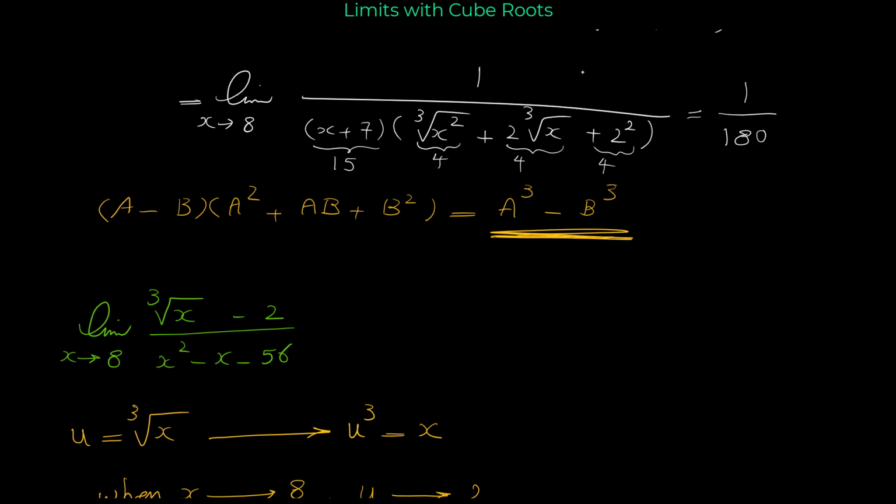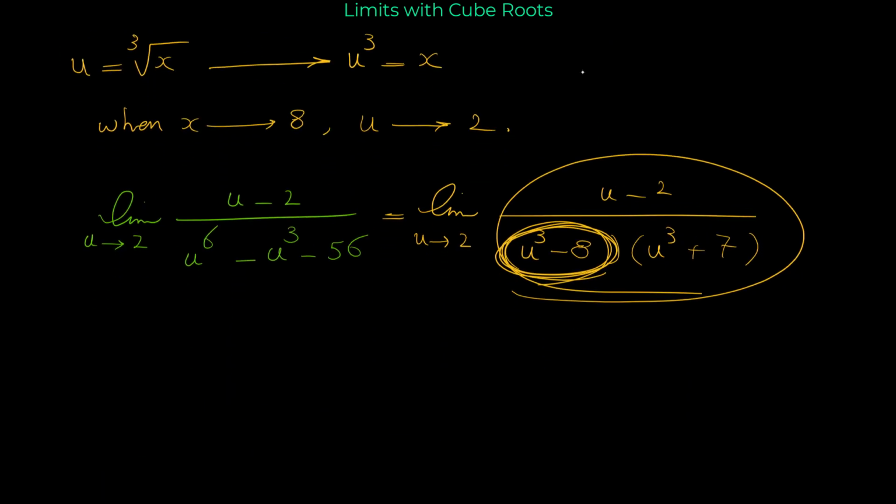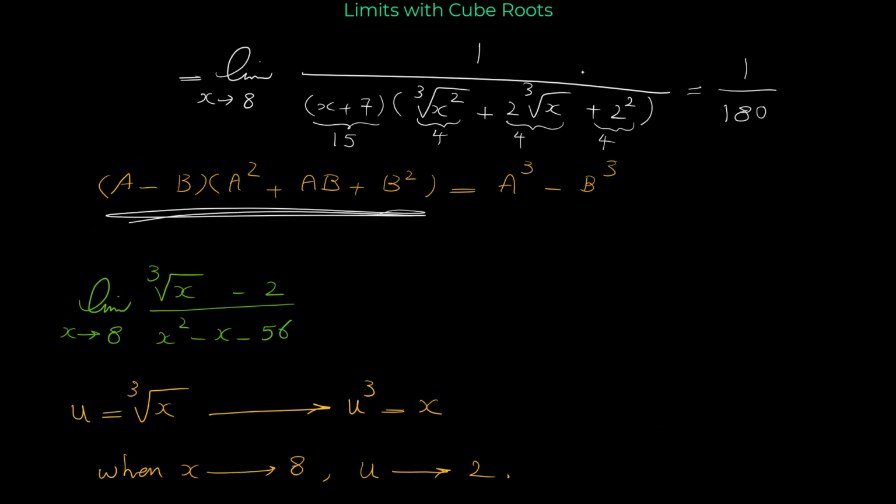When we have a to the 3 minus b to the 3, we can factor it in the form of a minus b times a to the 2 plus ab plus b to the 2. In the same way, we can factor u to the 3 minus 8. Let me write down this expression, u to the 3 minus 8, here below this identity. u to the 3 minus 8 is basically u to the 3 minus 2 to the 3.